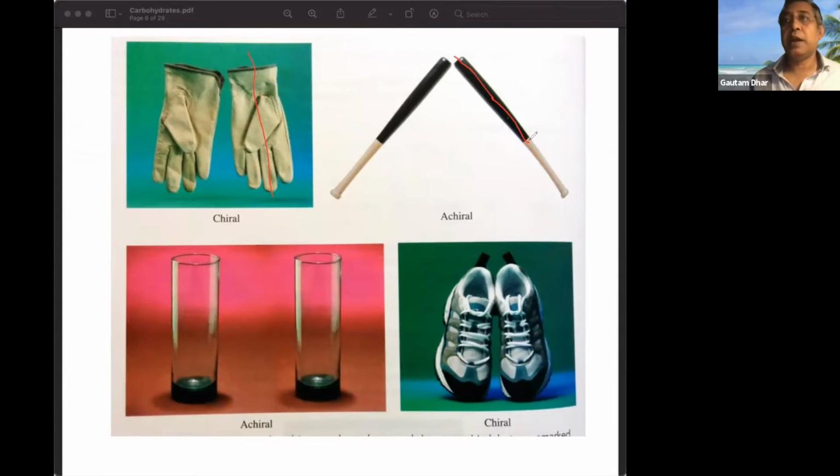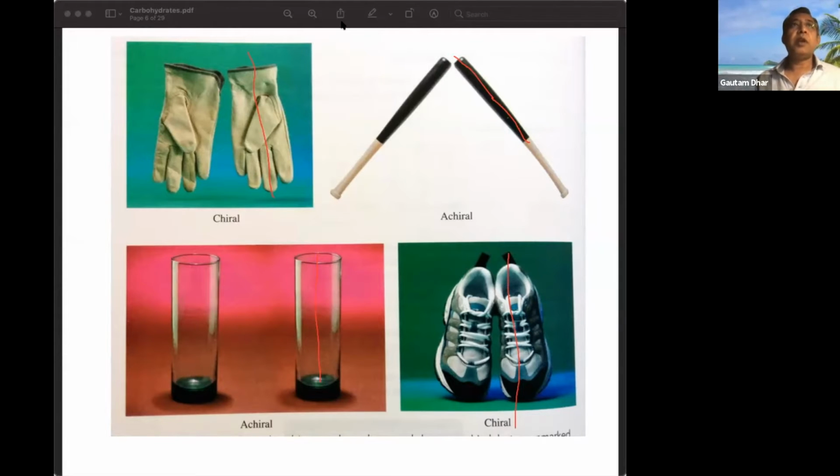Achiral means not chiral. A means negative. So this glass has a symmetry, so this cannot be chiral. But the shoe is not symmetric, and that's why you cannot put the shoe of your right foot into the left. They will not fit. Okay, so this is chirality.